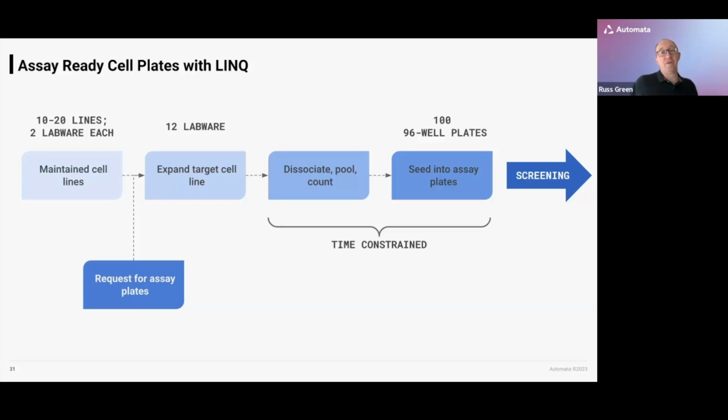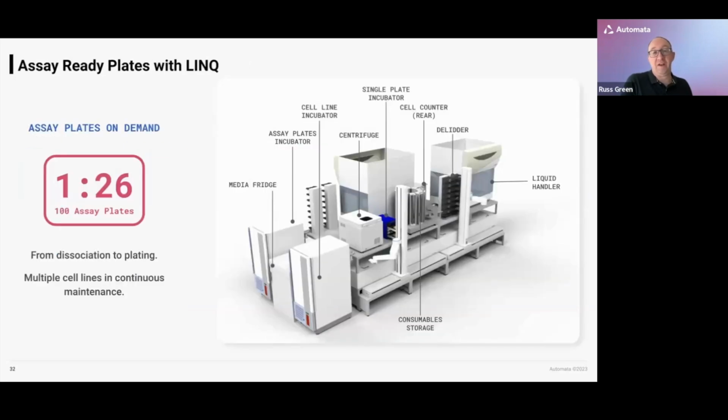The system for doing this, in this particular case, is an island system. So this is 4 benches on one side and another 4 on the other, back to back. And you can see a lot of duplication on this system, and I'll explain why in a moment. But in general capabilities, we have liquid handlers, we have a cell counter, we have a whole load of delidders because we're working with a lot of lidded labware in this particular case.